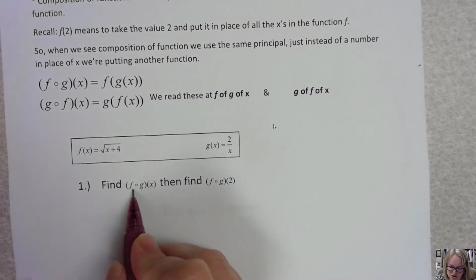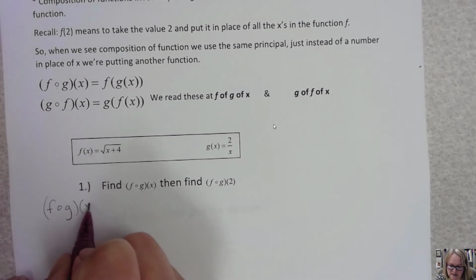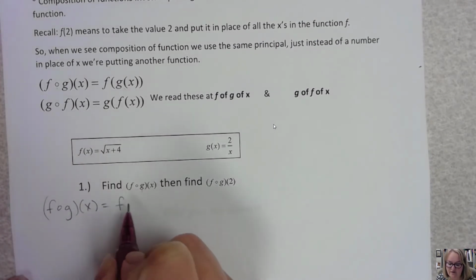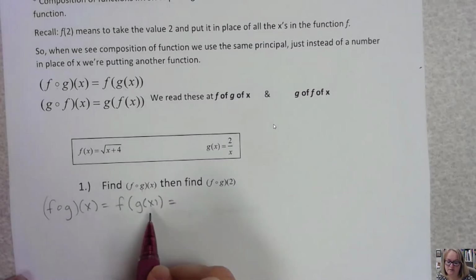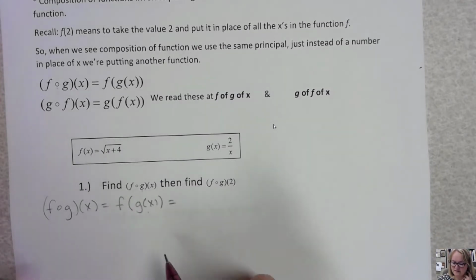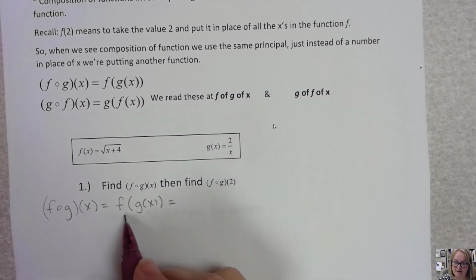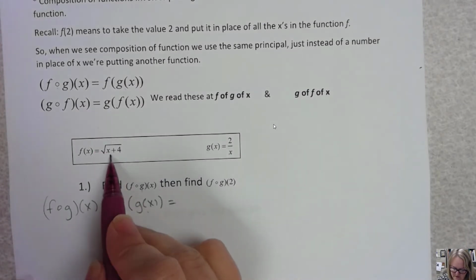So f composite g, which looks like f circle g, is the same thing as f of g of x. So this is telling me I'm going to take the function g and fill it into the function f everywhere there is an x. The function f is the square root of x plus 4.